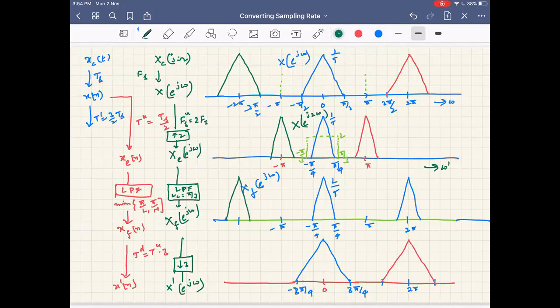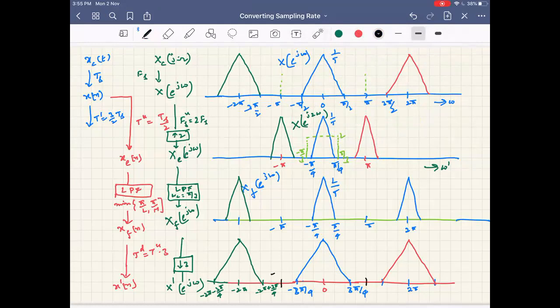This also gets expanded by 3 times, and hence around minus 2 pi you will have another, from 2 pi minus 3 pi by 4 to 2 pi plus 3 pi by 4, and minus 2 pi minus 3 pi by 4 to minus 2 pi plus 3 pi by 4. This is the spectrum you get, and in the range minus pi to pi, what you see is this.